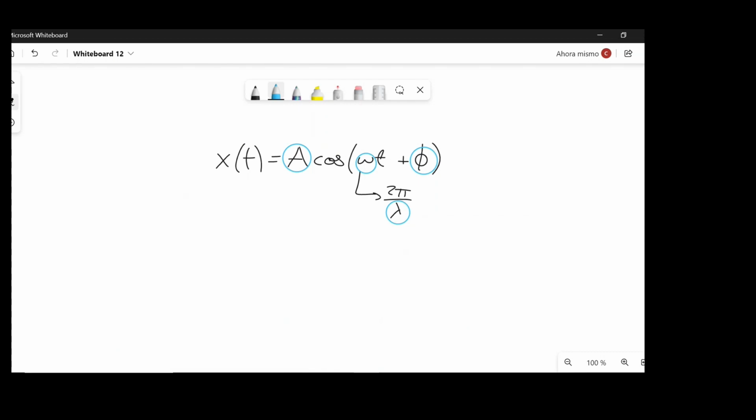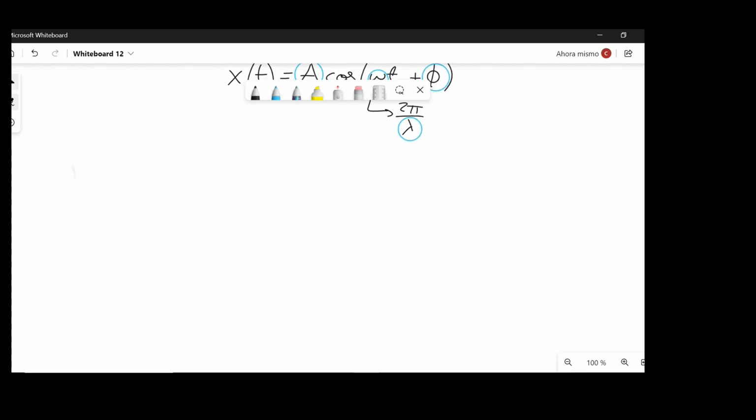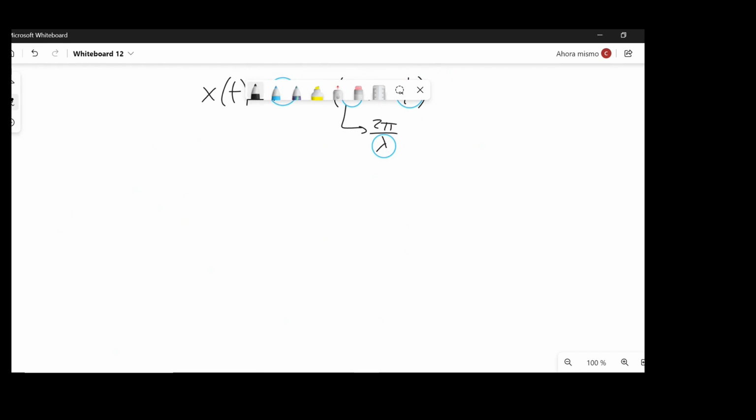Okay, so let's think of signals. To keep things very simple, I will only talk about discrete signals. Let's say that I have this signal. This is x of n, and it goes from 0 to n minus 1. In this case, it's 4, and this is 3.